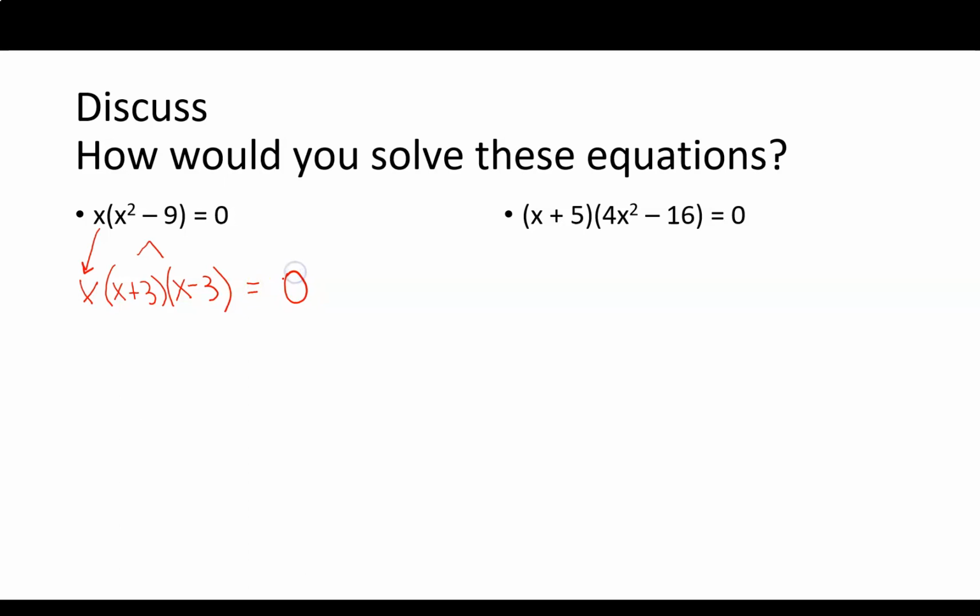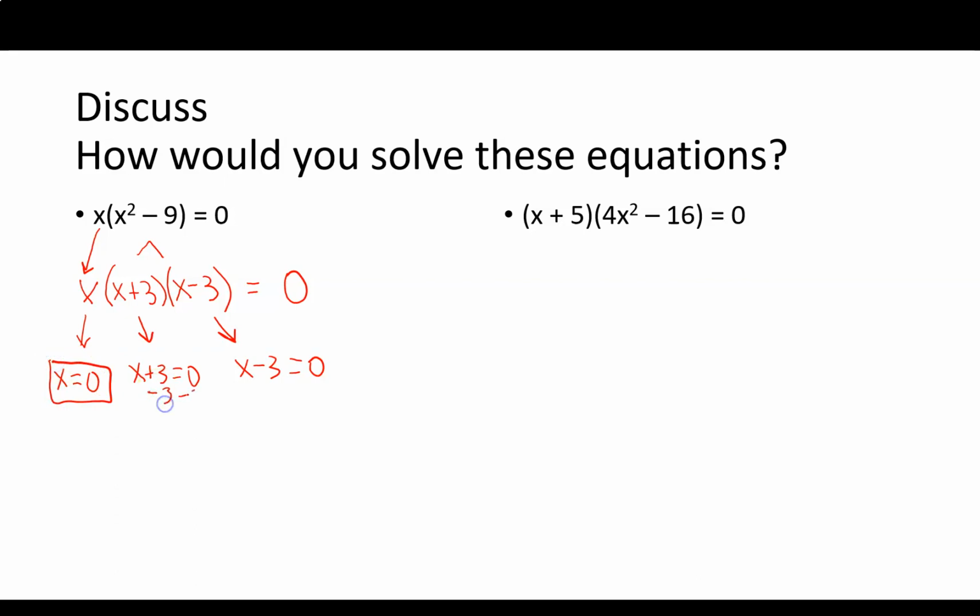Now we have this in fully factored form, which allows us to solve by using our zero product property. In other words, we set each factor equal to 0. The first one's already solved, so I don't have to do anything.